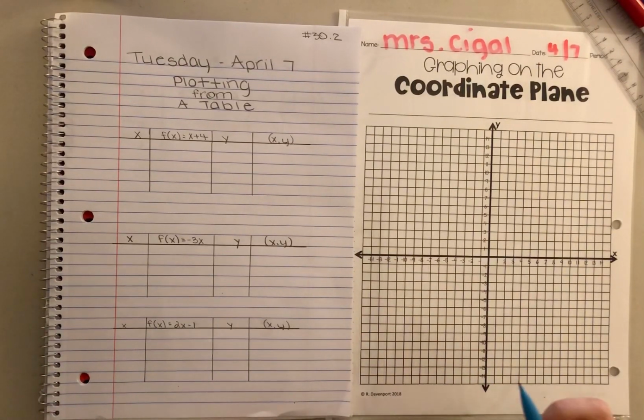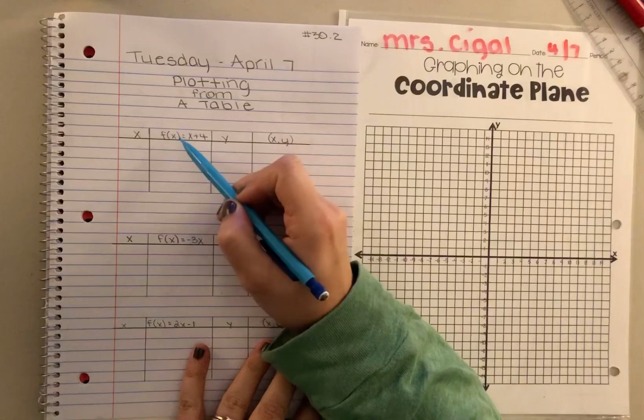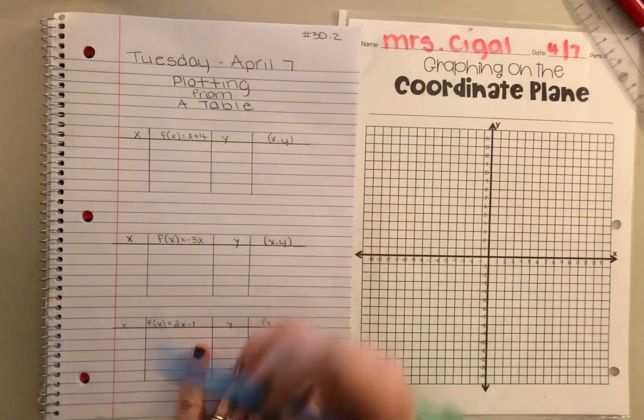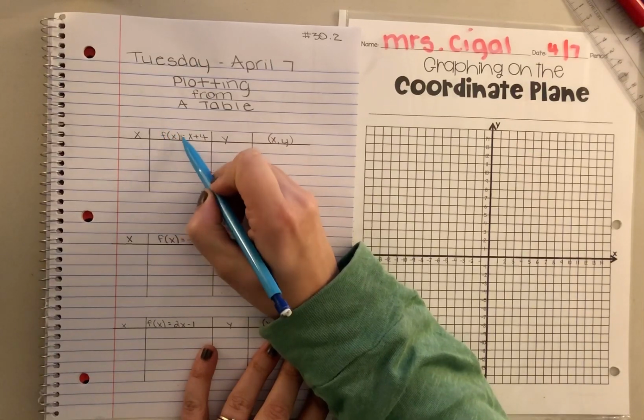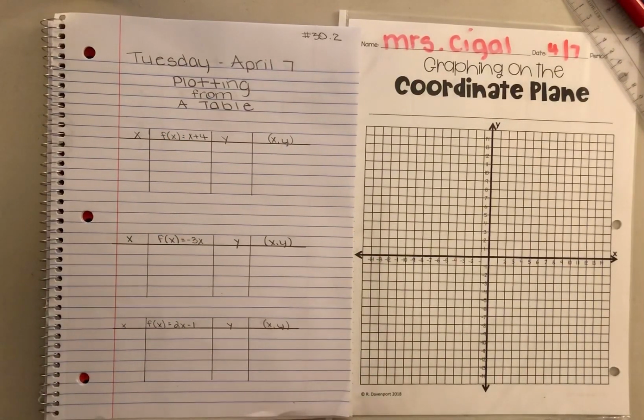The other thing that's a little bit different today is this is what I call the process column. So in the process column, instead of writing y equals, I wrote f of x. So that f parentheses x means that this is a function of x. So there's an x in there. We can plug something in for x and the output value is a y.